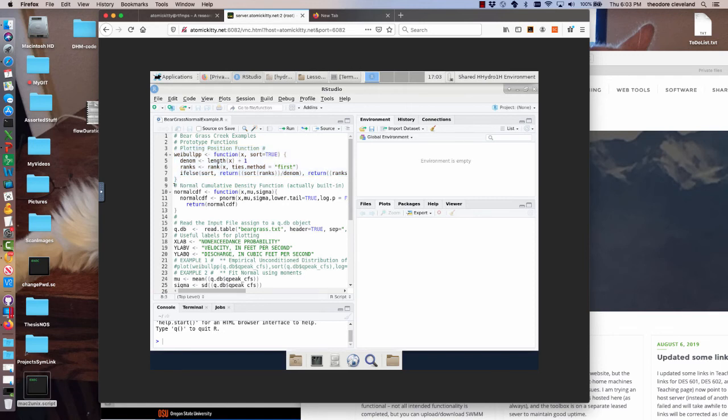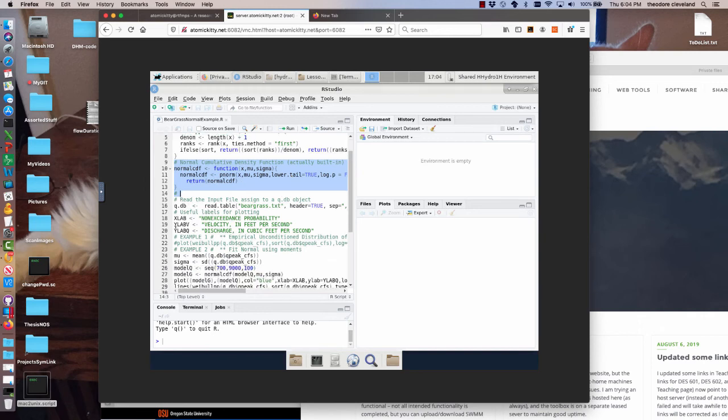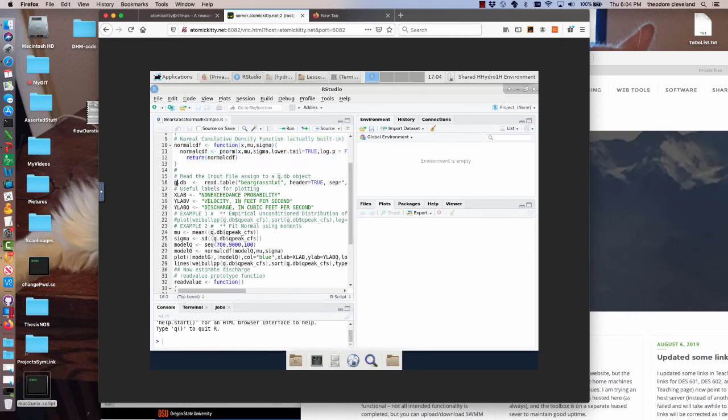Okay, the next prototype function is the normal cumulative density function. Turns out normal is built in, and the function is pnorm, and it takes arguments x, mu, and sigma. We set lower tail to be true, and that gives us an accumulation from negative infinity to the point of interest, and then we'll return that value. And now we'll read the file. Q of db beargrass.txt.